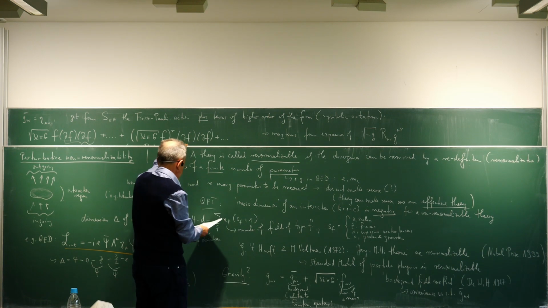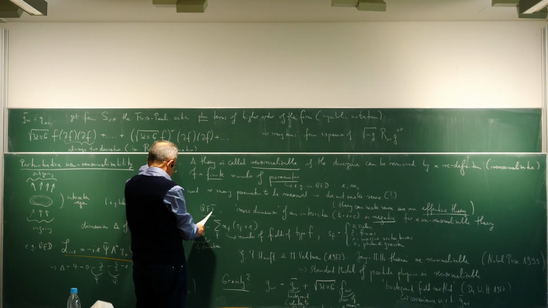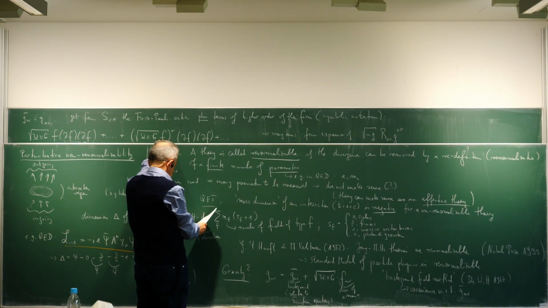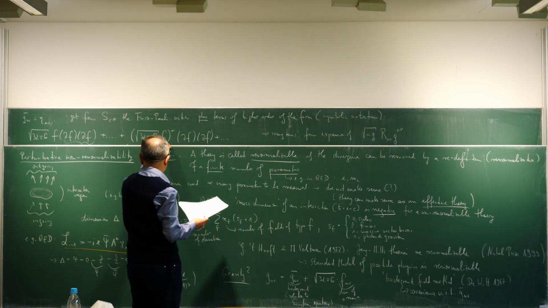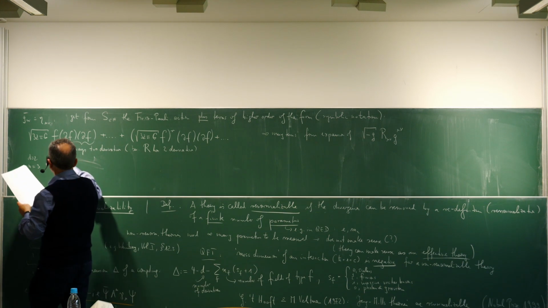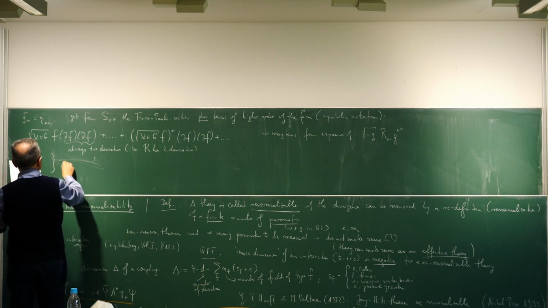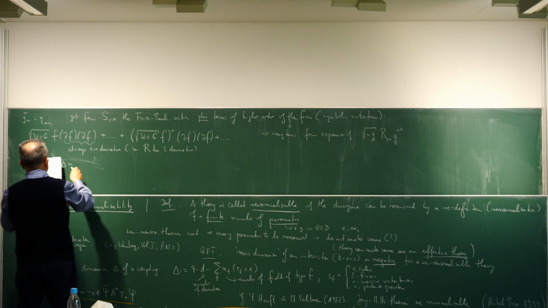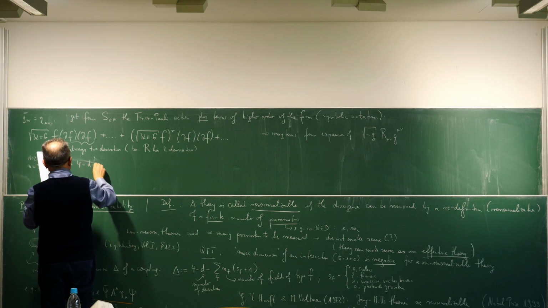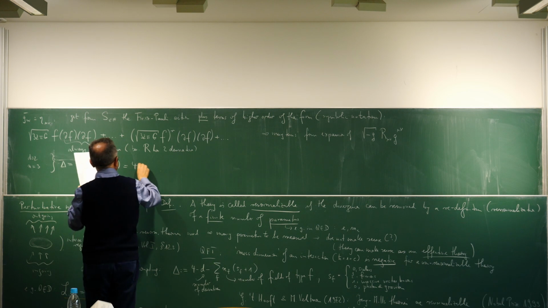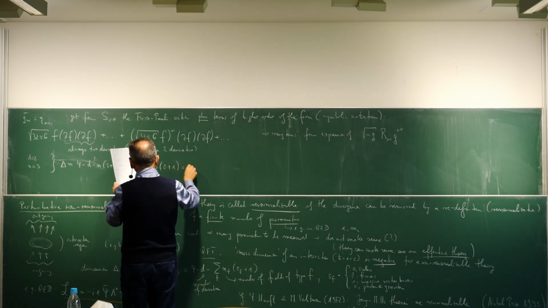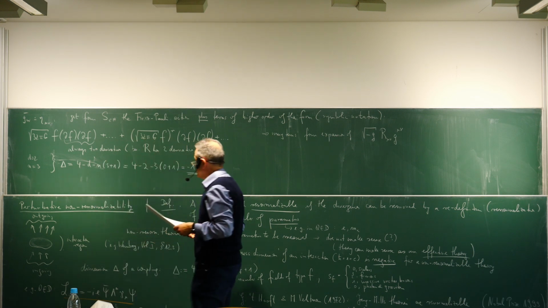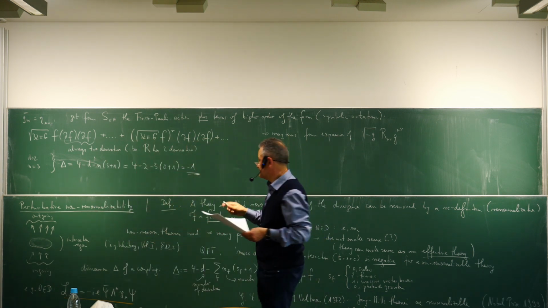So delta is 4 minus d minus n times s plus 1. So this is 4 minus 2 minus 3 times 0 plus 1, which is minus 1. And so you have a negative mass dimension.